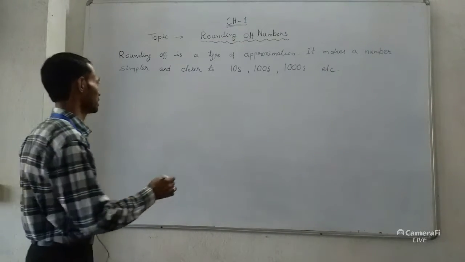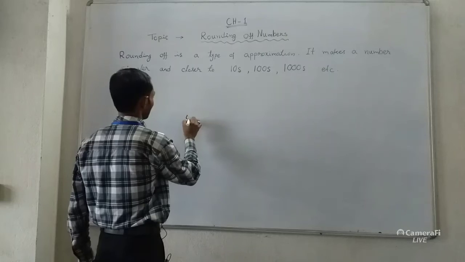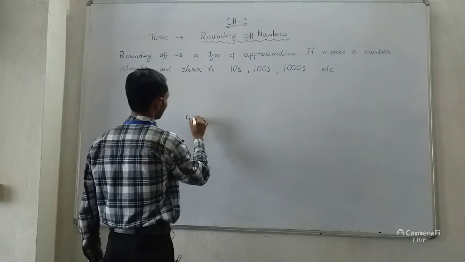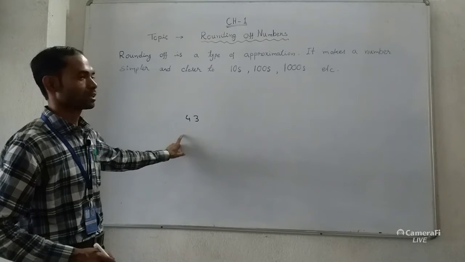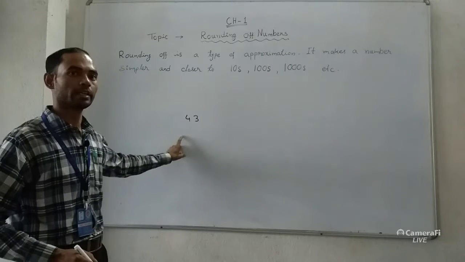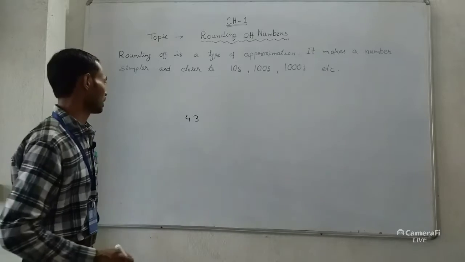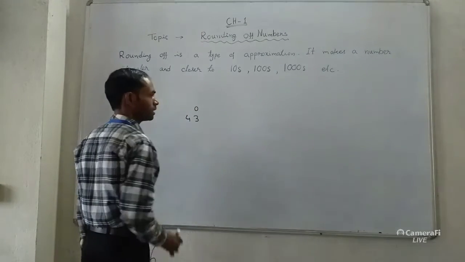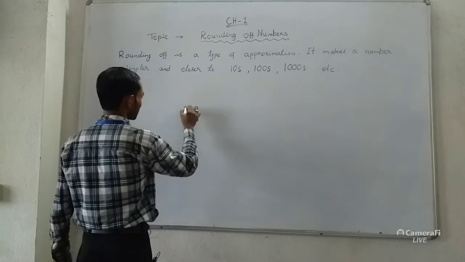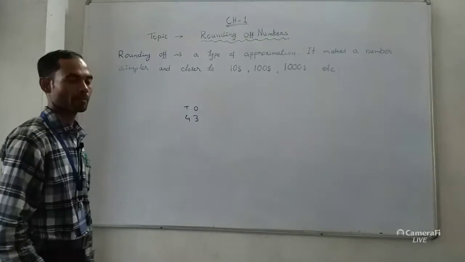Suppose a number is given, 43. Let us round off this number to the nearest 10. So what is the 10 place digit? This is the ones place digit 3 and the 10 place digit is 4.